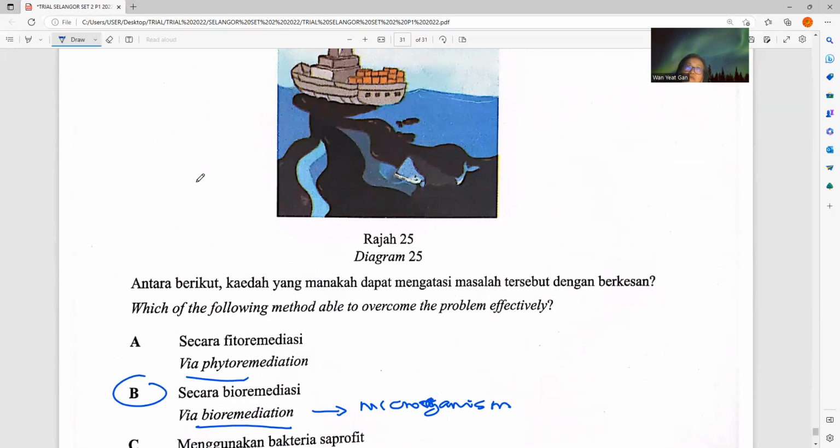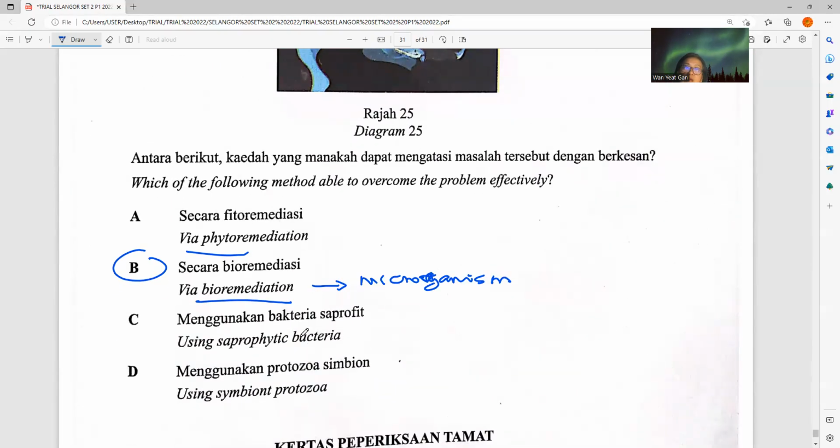Phytoremediation is the use of plants to treat water that is polluted. Okay, so the answer here is bioremediation.